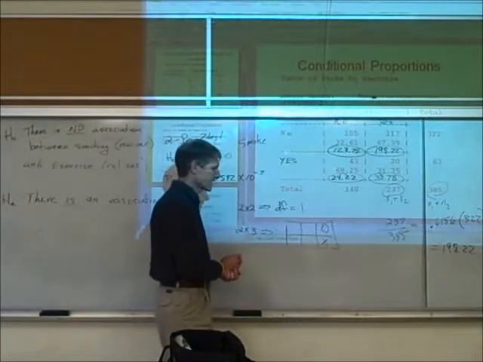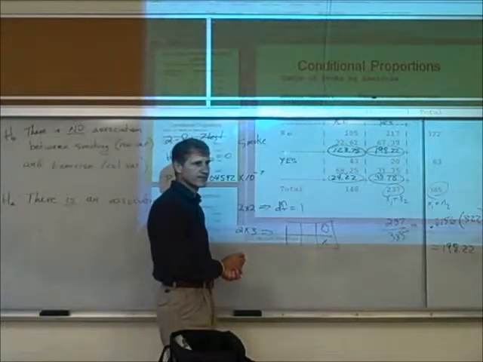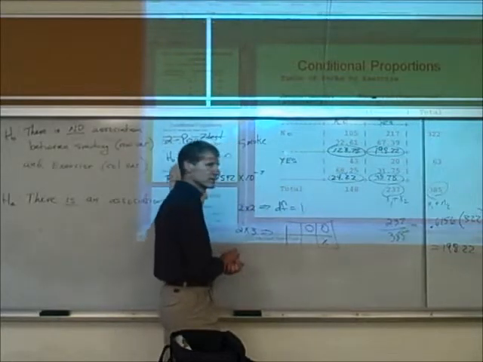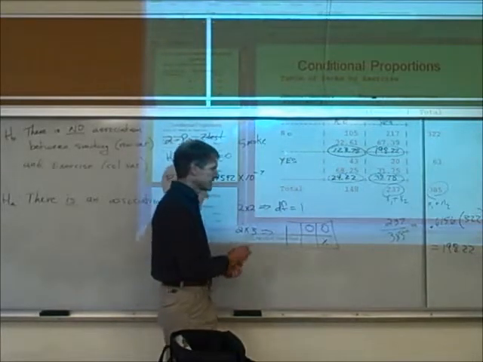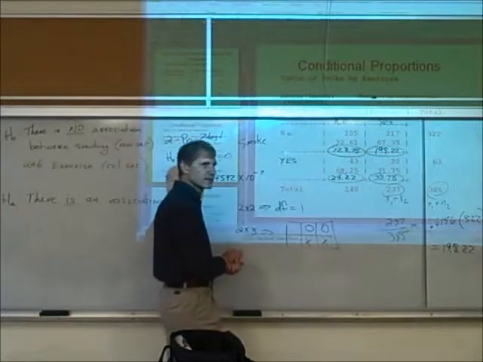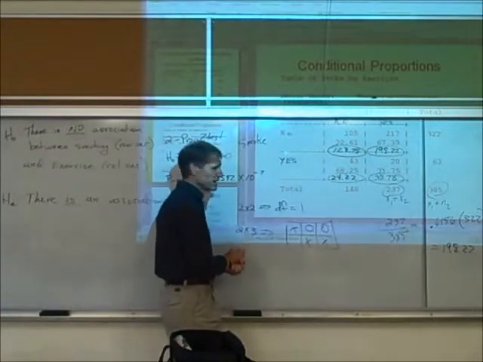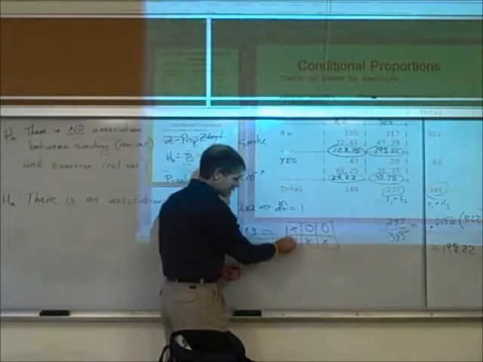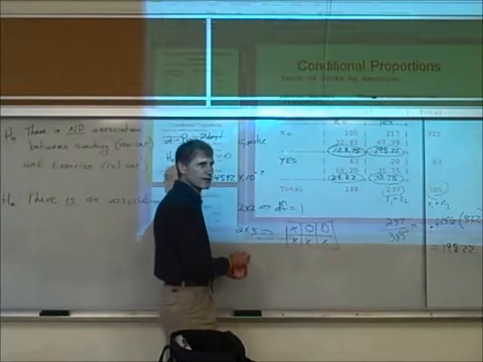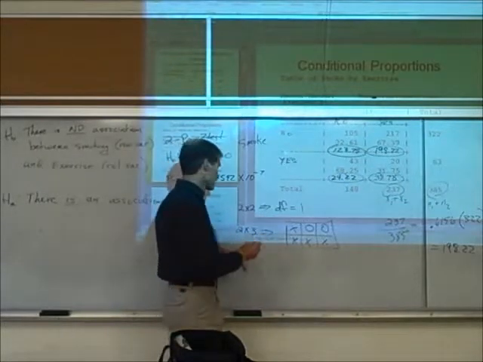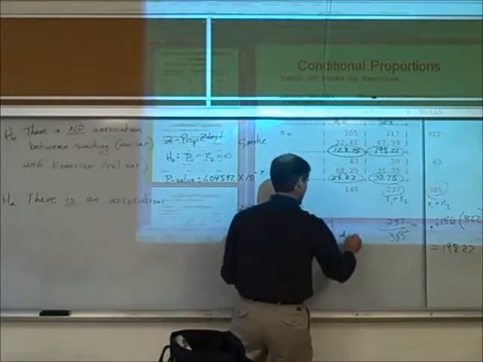Can I get any more? No. So if I fill in that one, now I can get this one, and I can get the last 2. So I fill in 2 cells, and I can get the whole table. So this one has degrees of freedom equal to 2.